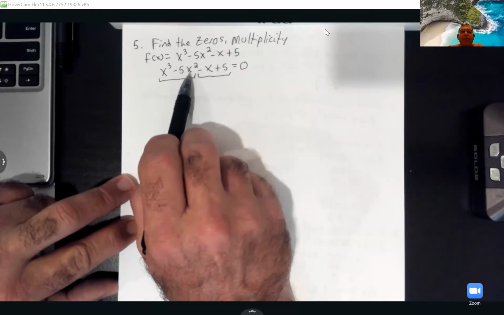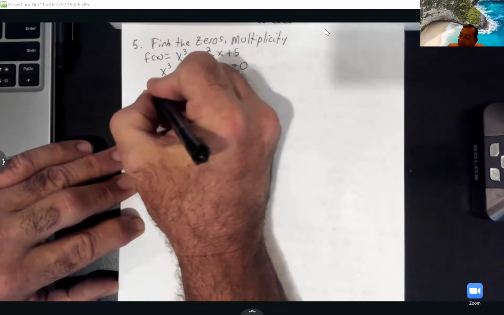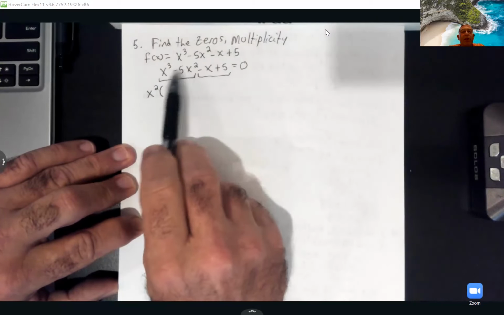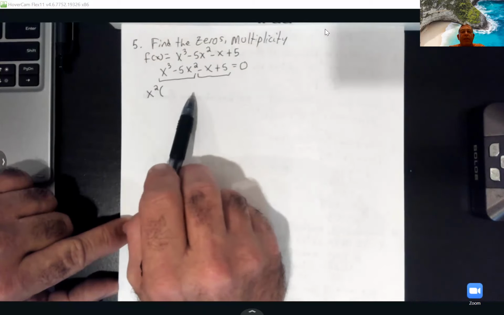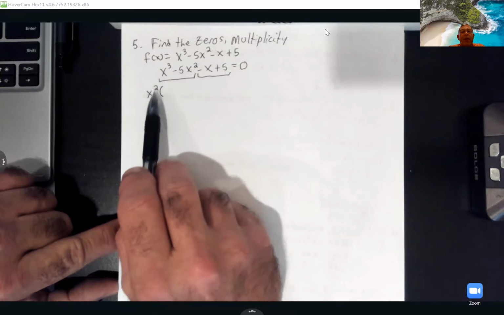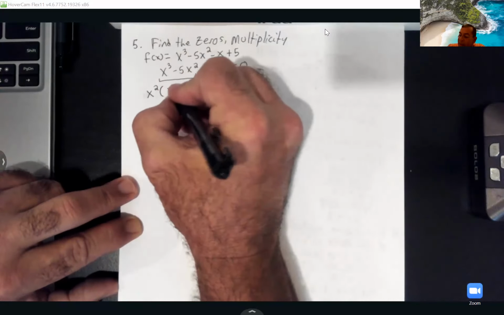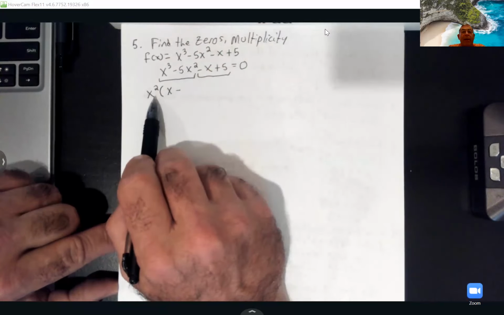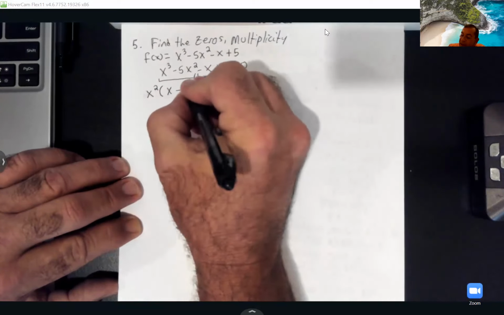They both have at least the x squared in them. So you're going to factor out the x squared. And then you're dividing both of these by the x squared to see what's going into parentheses. So x to the third divided by x squared will leave you an x. Minus the 5x squared, when we divide, the x squareds cancel and leave me the 5.